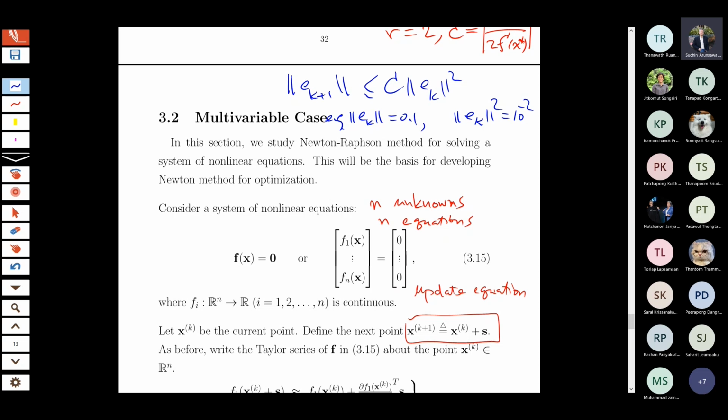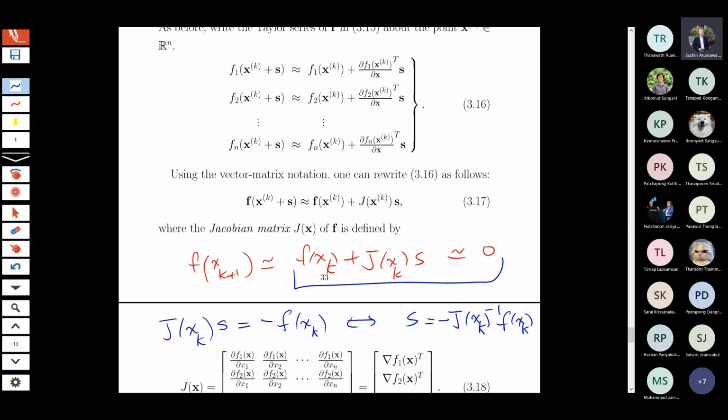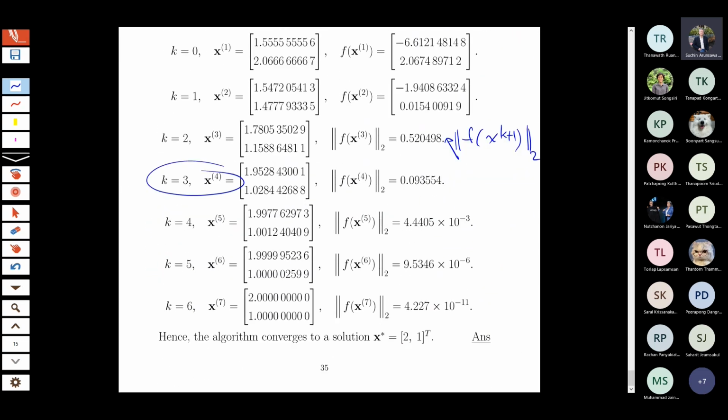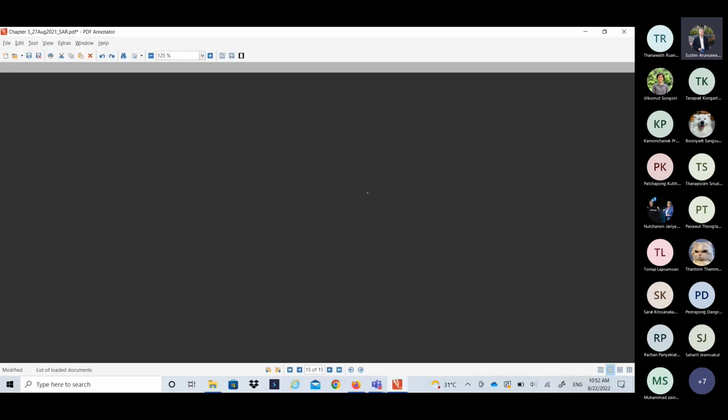So the error in the next iterate, k plus 1, is less than the rate constant multiplied with 0.01, so it is getting much smaller. If we perform the next iteration, it obeys this rule again, so it converges very fast. This quadratic rate of convergence is shown in this example: the norm of f(x_{k+1}) reduces very fast to 0, as you can see here. So this is the end of the lecture on the multivariable case of Newton-Raphson.